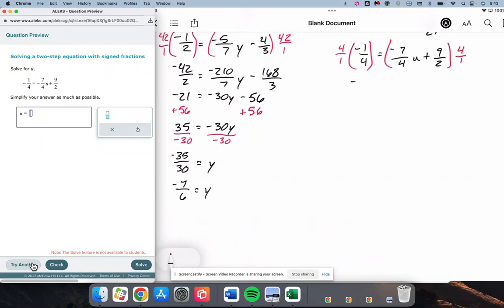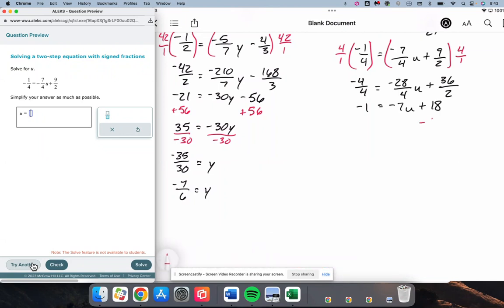So we get negative 4 over 4 is equal to negative 28 over 4 u plus 36 over 2. So negative 4 over 4 makes negative 1, and the right side is negative 7u plus 18.